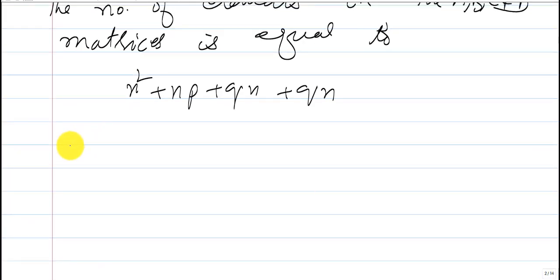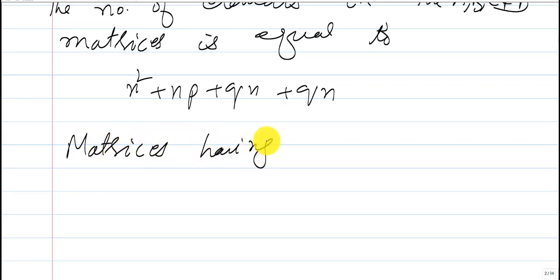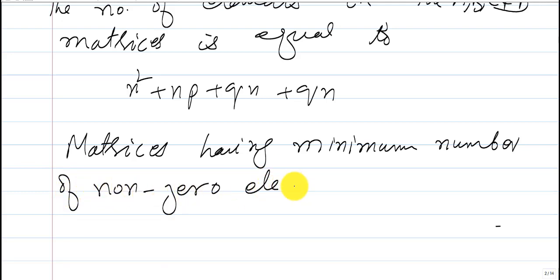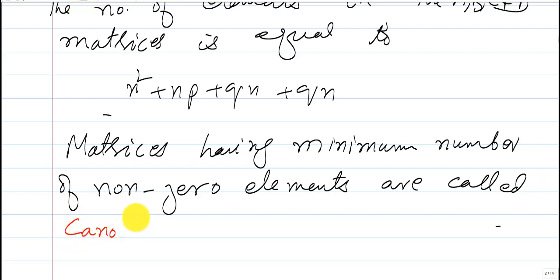So the matrices having the minimum number of non-zero elements are called canonical forms.